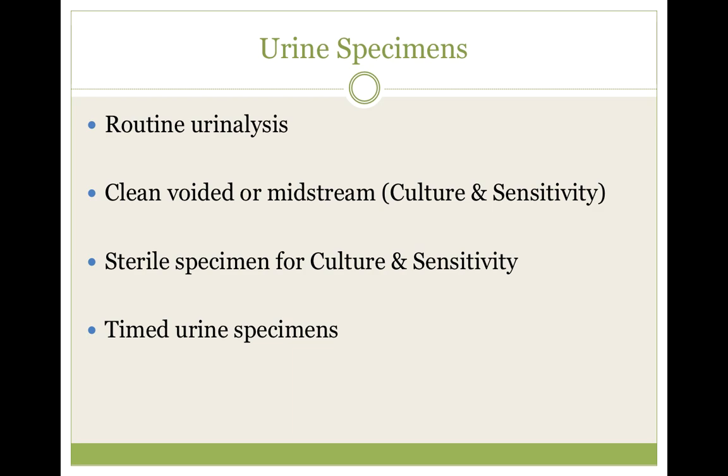You want to keep everything sterile because this is going to determine the presence of bacteria and which antibiotic that bacteria are sensitive to. Then you also may be collecting timed urine specimens. These are going to be tested either at a specific time of day or urine collected over a specific time period, like 12 or 24-hour collections.